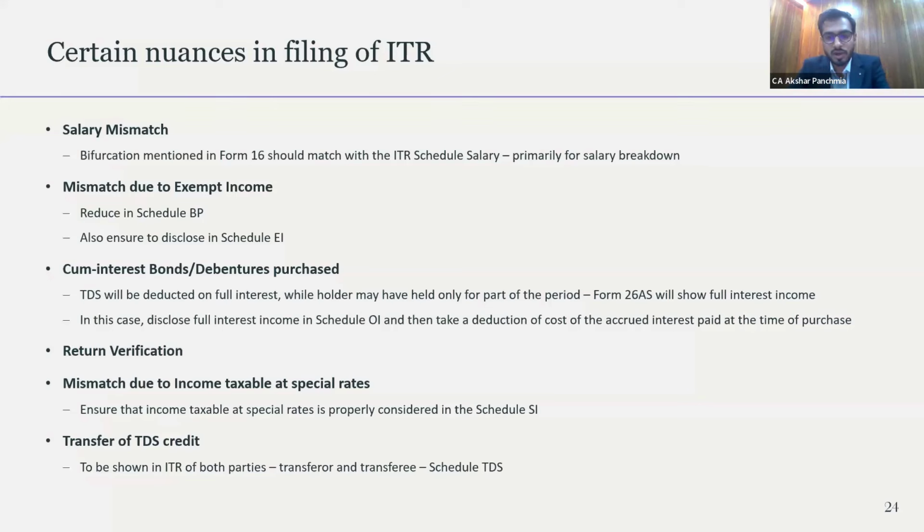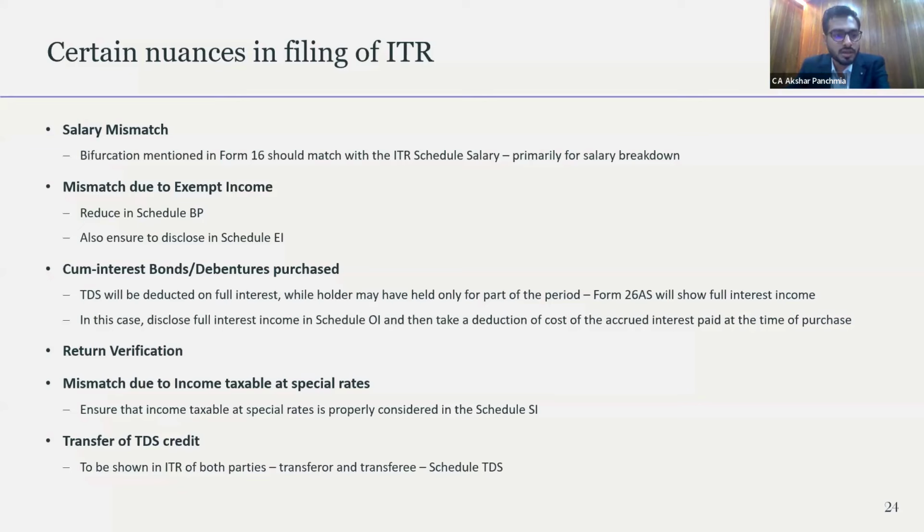This, however, does not impact any Chapter 6A benefits which the employee may not have disclosed to the employer, but would have taken and genuinely invested in the correct places to take these benefits. This will not impact that. This is only relating to the salary breakdown, which should be mentioned correctly.